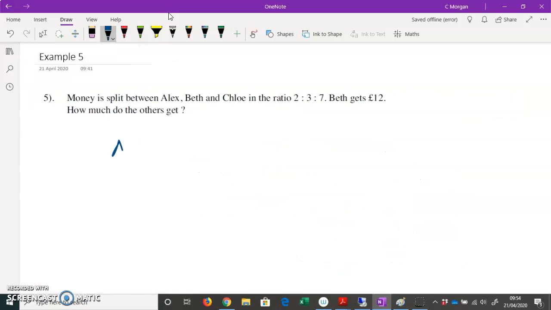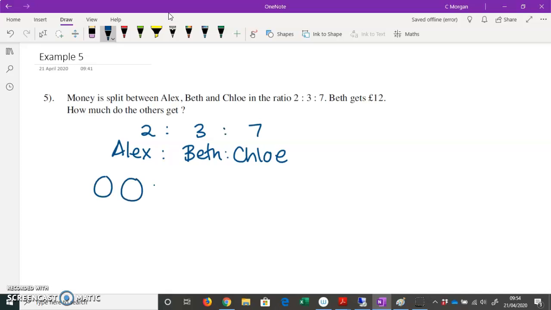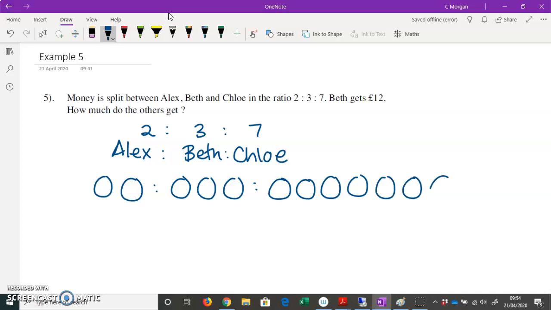So I've got Alex, Beth, and Chloe. And they've got a pile of money, and it's split in the ratio between them of 2 to 3 to 7. So 2 bubbles there for Alex, 1, 2, 3 parts for Beth, and 1, 2, 3, 4, 5, 6, 7 parts for Chloe.